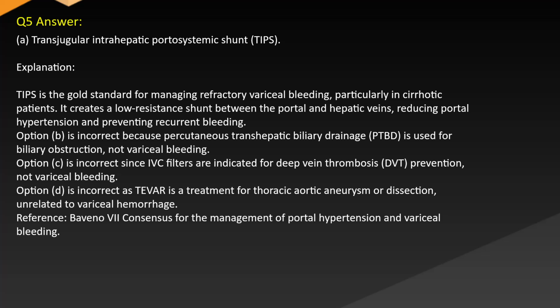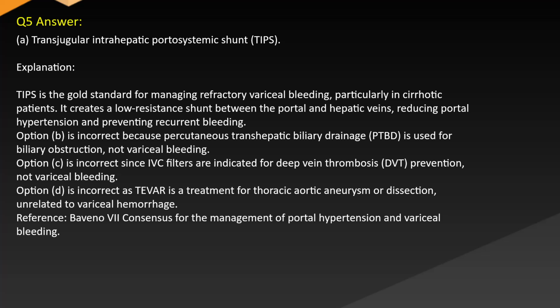Explanation: TIPS is the gold standard for managing refractory variceal bleeding, particularly in cirrhotic patients. It creates a low resistance shunt between the portal and hepatic veins, reducing portal hypertension and preventing recurrent bleeding. Option B is incorrect because percutaneous transhepatic biliary drainage, PTBD, is used for biliary obstruction, not variceal bleeding.